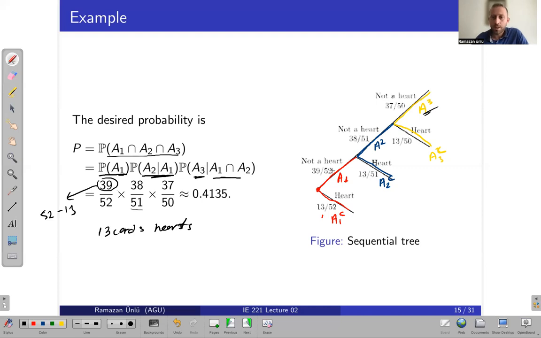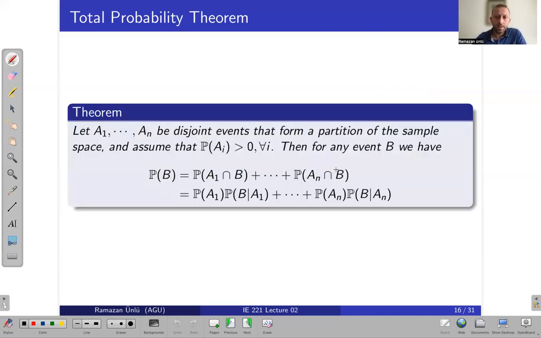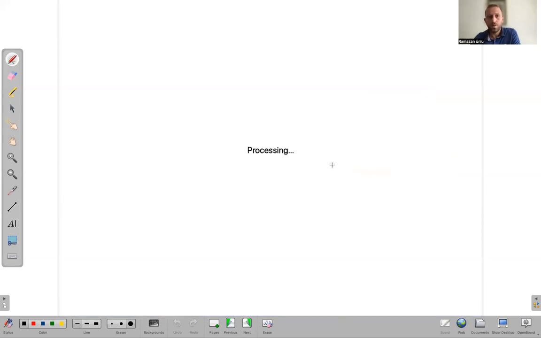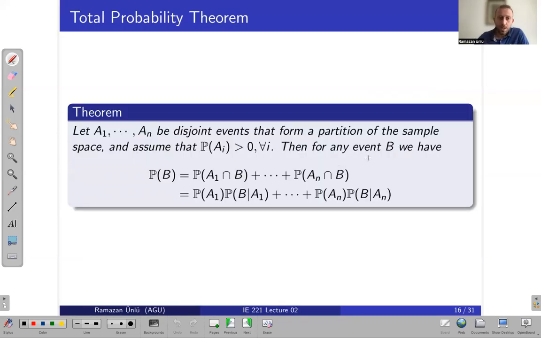So this is the multiplication rule, and you can extend this multiplication for any number of events. We are going to use this multiplication rule for the total probability theorem. In this theorem, let's say A1 until An are disjoint events, and these events form a partition of a sample space.